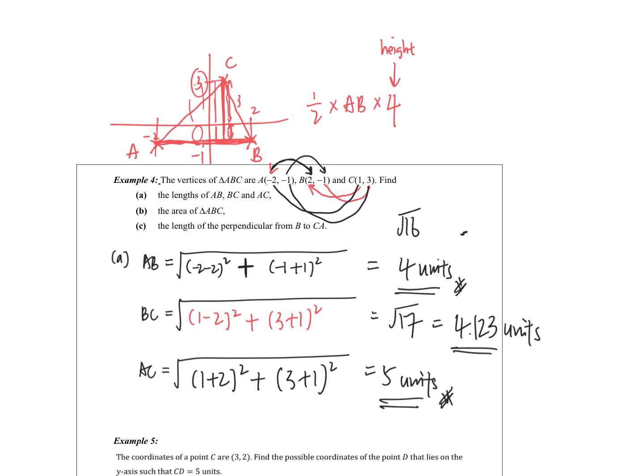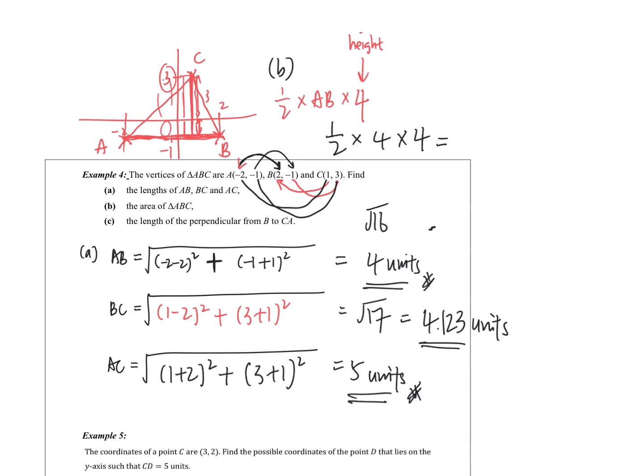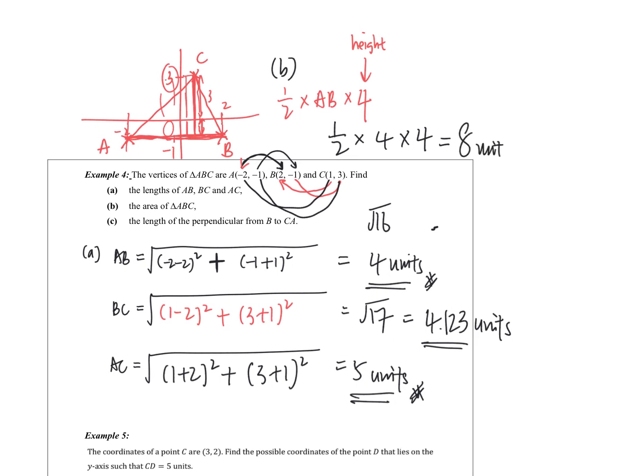Okay, part B is area. So you just use a half times base times height. You press calculator, you will get 8 units square.